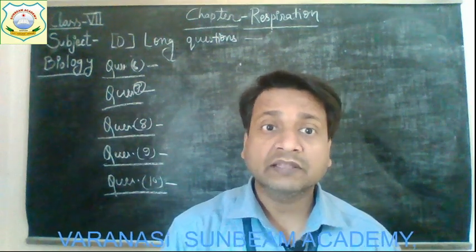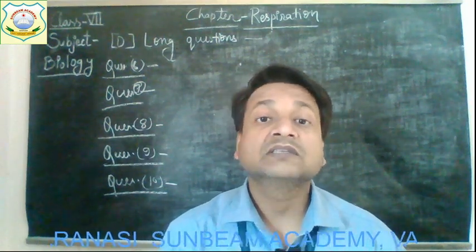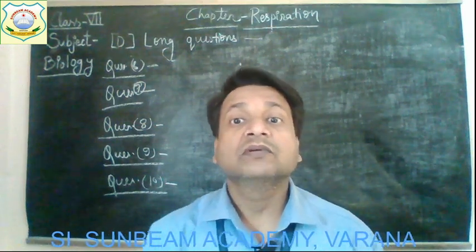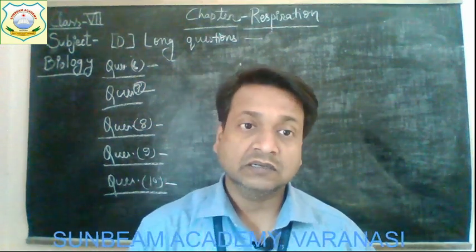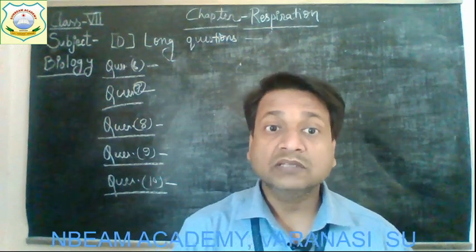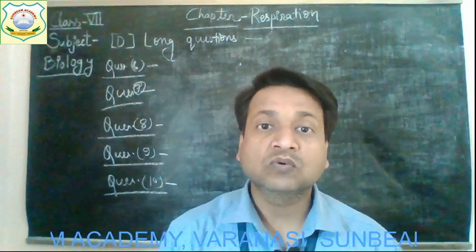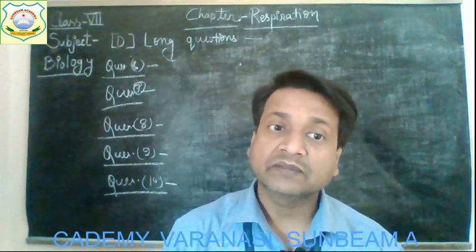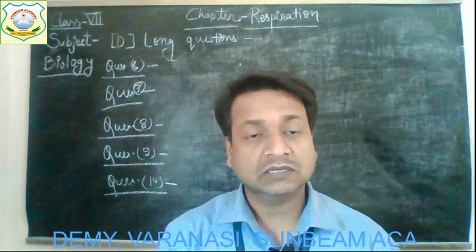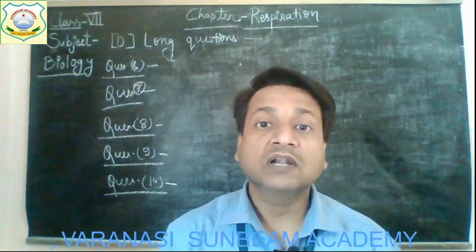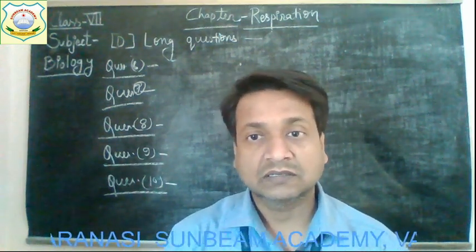You know very well that some organisms such as yeast and some bacteria can live without oxygen. Okay, because in their cells, glucose is broken into alcohol and carbon dioxide without using oxygen to give energy. And this process is called anaerobic respiration.